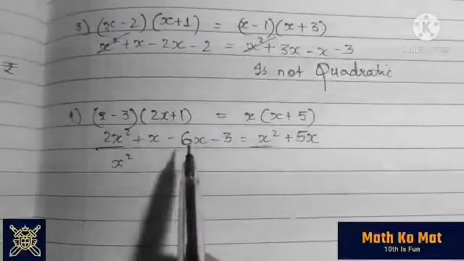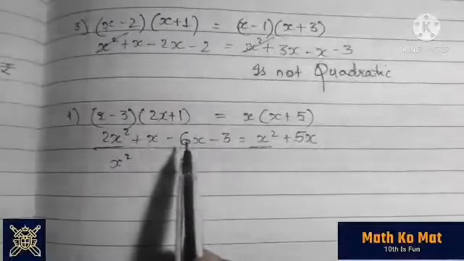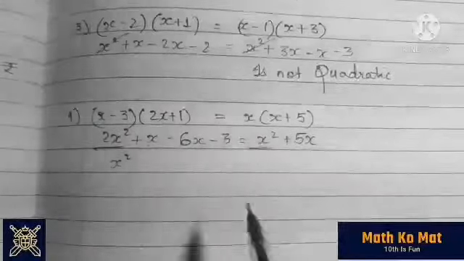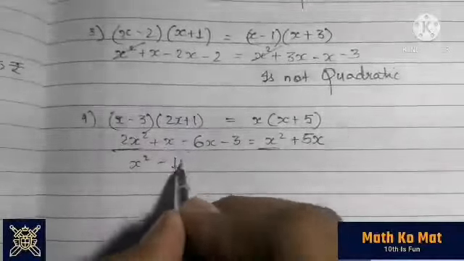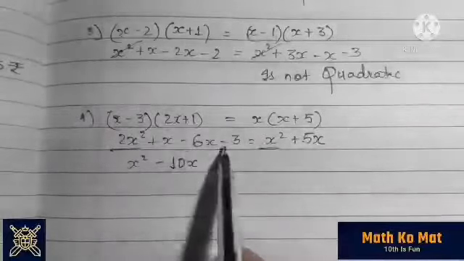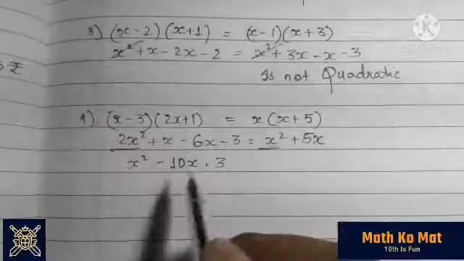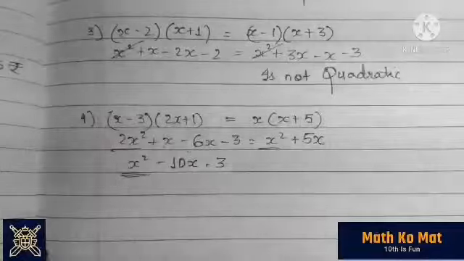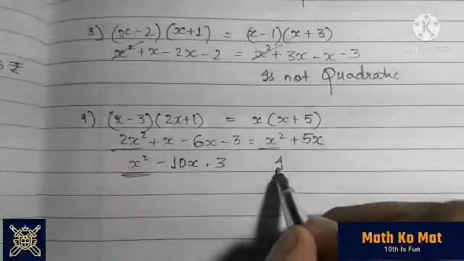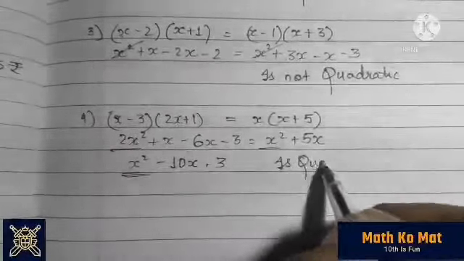When this comes over this side, it will also become −5x, so −5 − 5 will give you −10x, and now you are left with −3. As you can see, here you have an x² term, therefore this equation is quadratic.